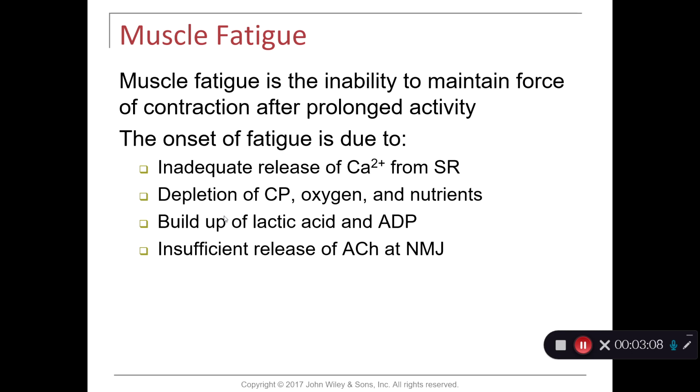If you want muscles to move, you have to get energy from somewhere, so it makes lactic acid out of glucose to get its energy. If you get too much of a buildup of lactic acid and ADP, you're going to get muscle fatigue. If you've eaten up all your reserves of CP, creatine phosphate, and oxygen, and all the nutrients such as sugars, and maybe started converting proteins and fats, that's not going to be good.